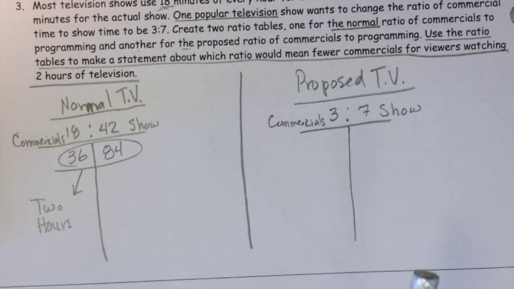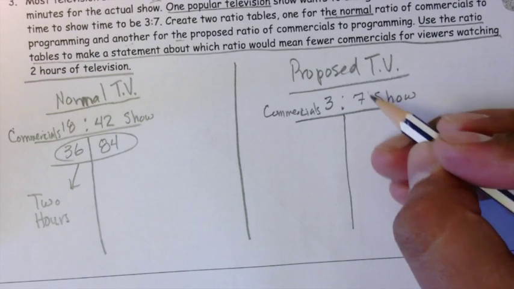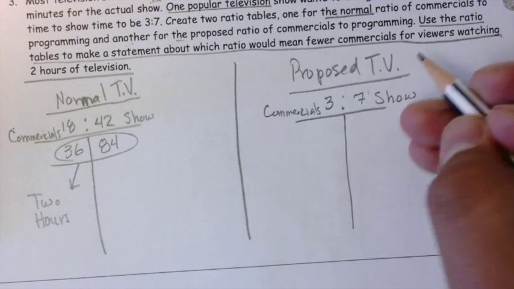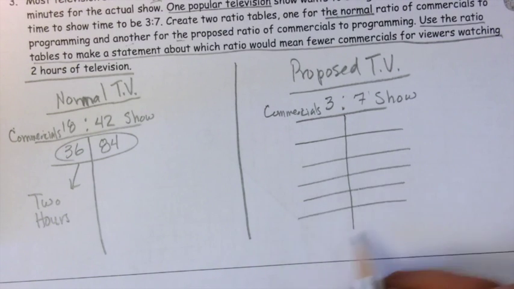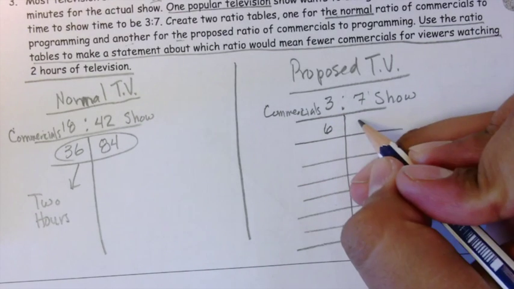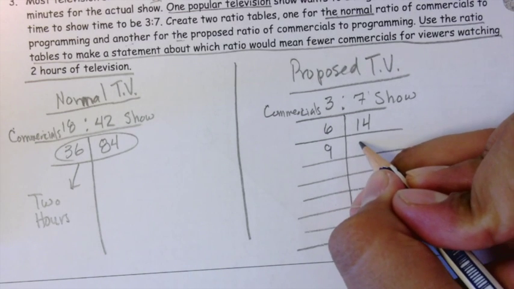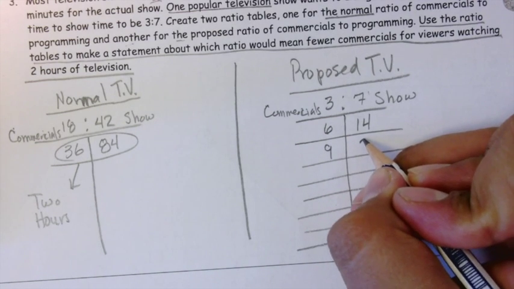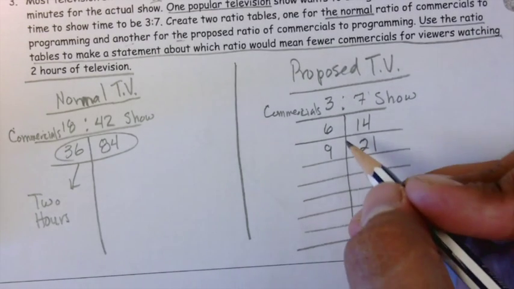Now, the proposed TV schedule, 3 plus 7 equals what? 10 minutes, isn't it? So let's go ahead and just keep bringing this up until we get to 1 hour, okay? This one's going to be a little longer. 6 and 14. 9 and 21. Thank you.